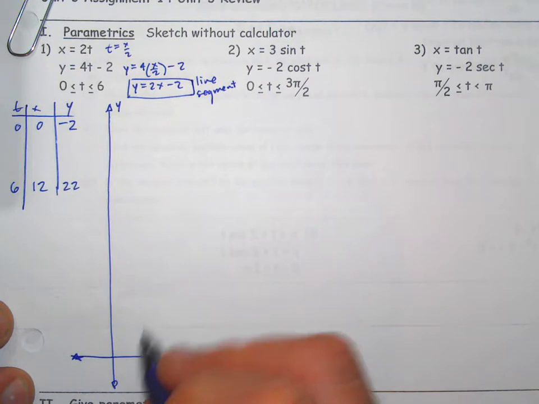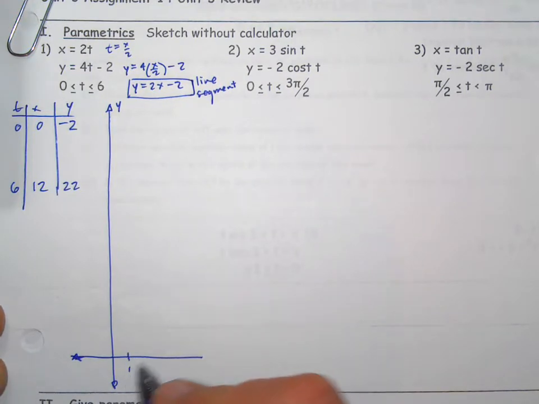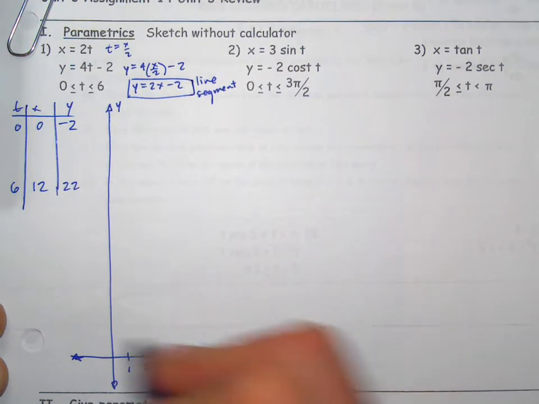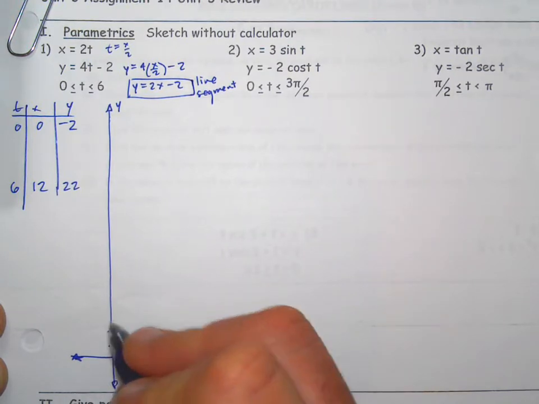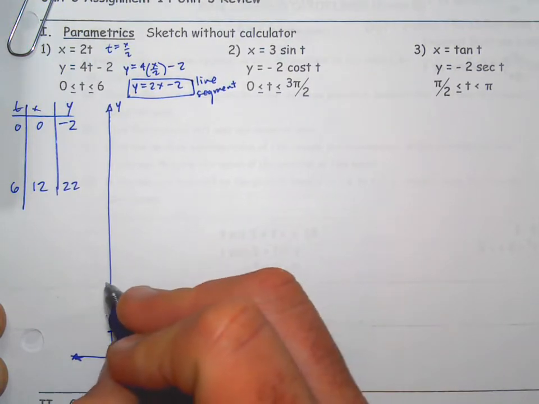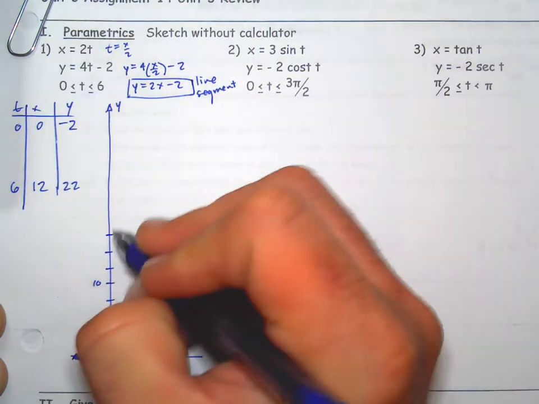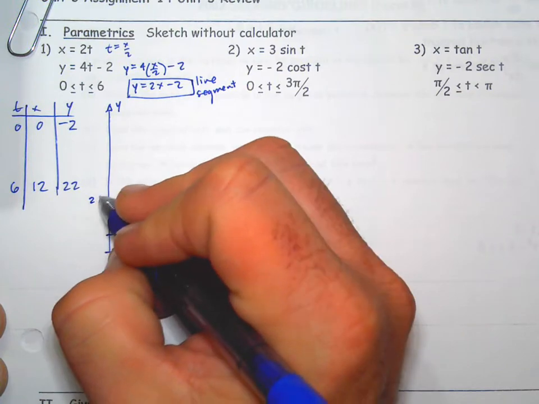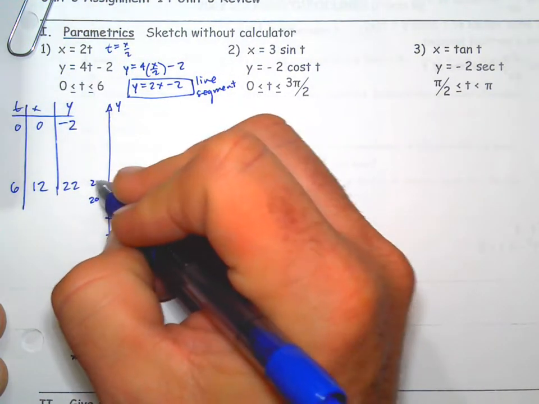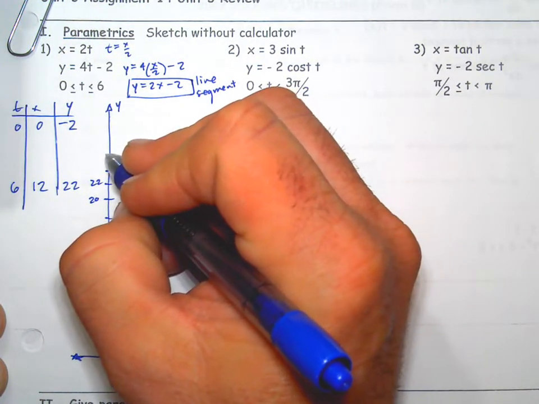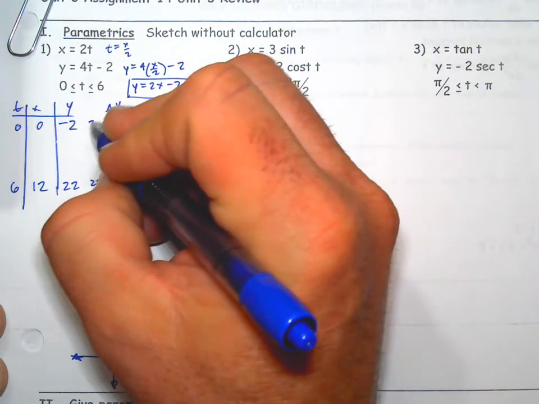Maybe go by 2s here, 2, 4, 6, 8, 10, 12, 14, 16, 18, 20, 22, 24, 26, 28, 30.